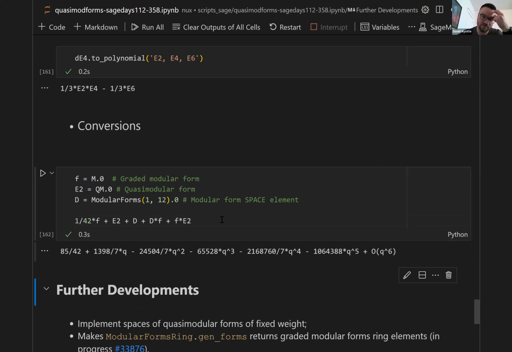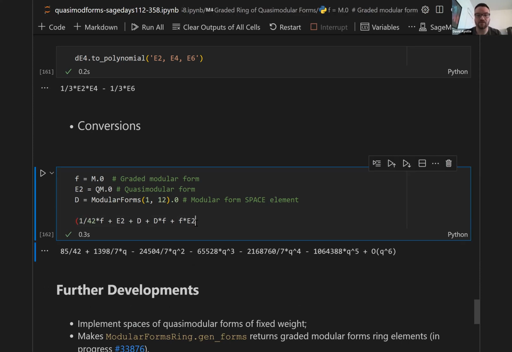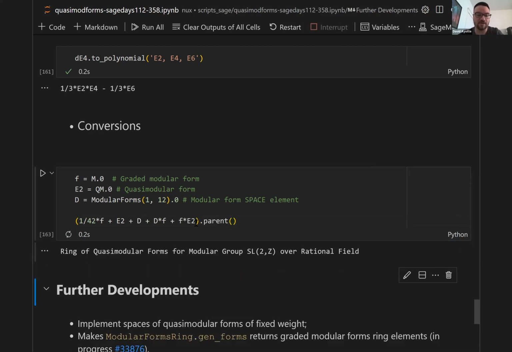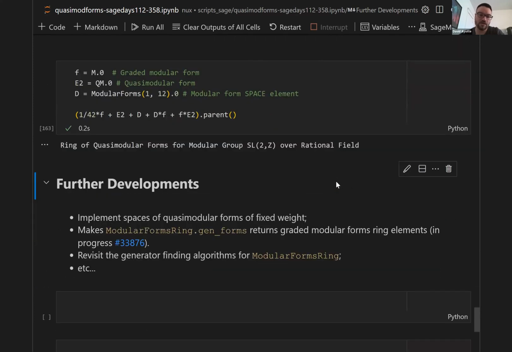And it will return an element in the quasi-modular form space, the ring of quasi-modular forms. So I'm finishing with some further development that could be done. Maybe implement the spaces of quasi-modular forms of fixed weight. This could be done because we have spaces of fixed weight for modular forms.